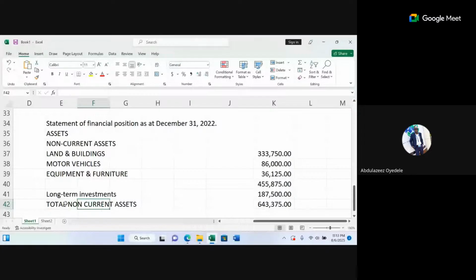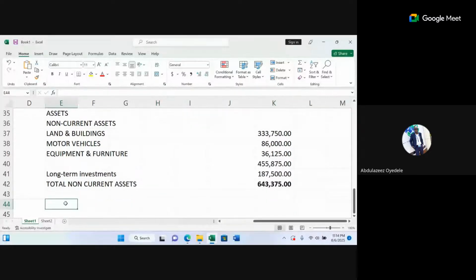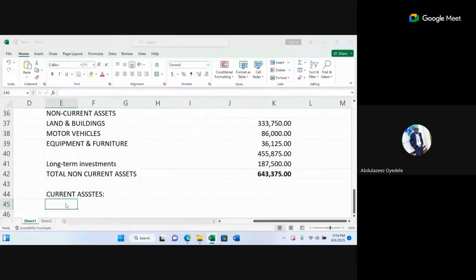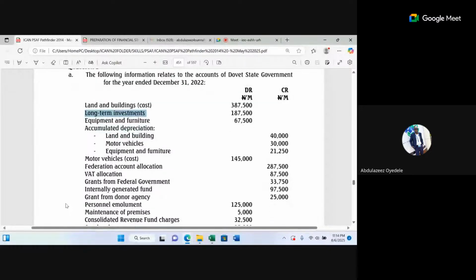Okay, so we can now bring our current assets next. Let's go to the question and check for our current assets. You can quickly scan through the debit side of our trial balance and see the assets that we have here and see which one is current in nature.